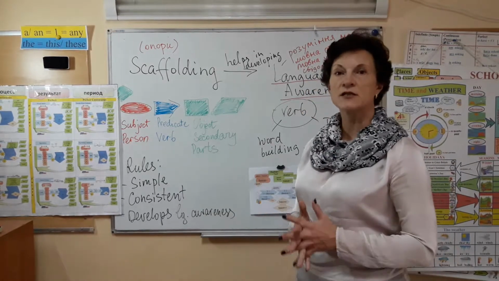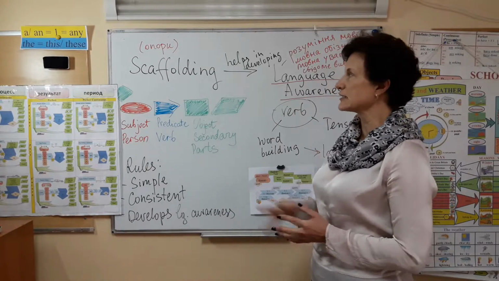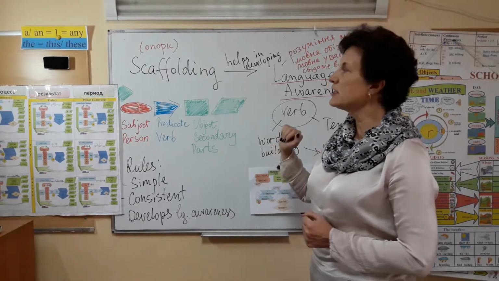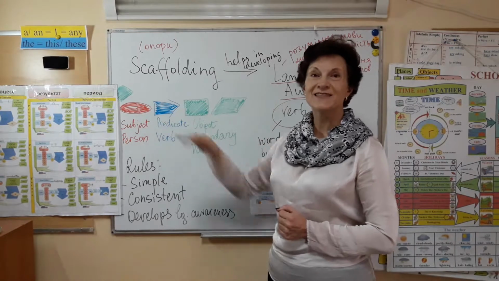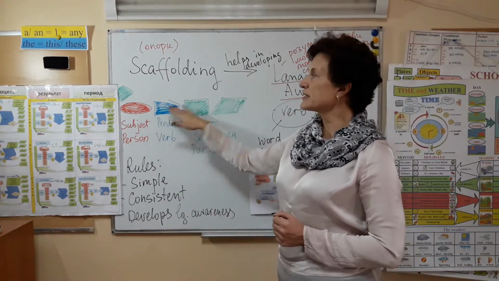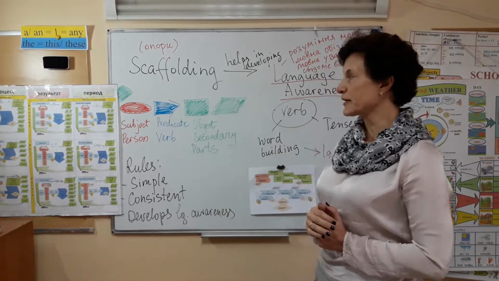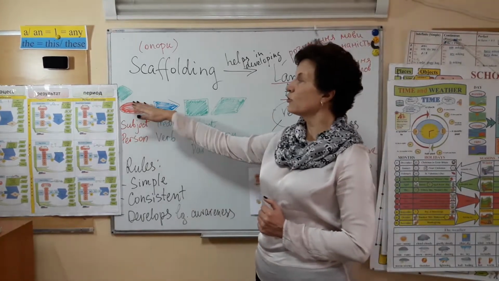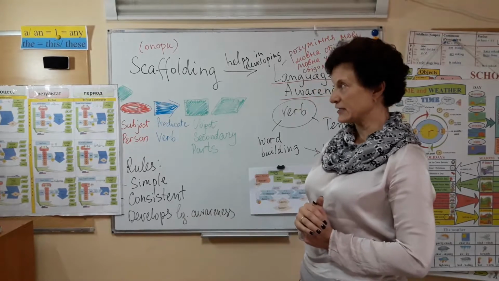What kind of scaffolding do we use in Interclass? I have already mentioned that we use the simplest way of scaffolding. We give particular shapes to different parts of speech and also to different parts of the sentence.